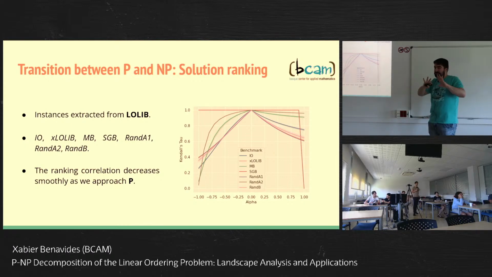We can't say this with 100% confidence, but we have performed some experiments and it seems that that's the case. So our idea is to extend this to create a more formal complexity measure of the LOP. But that's something that we want to do in the future. We still haven't done it.